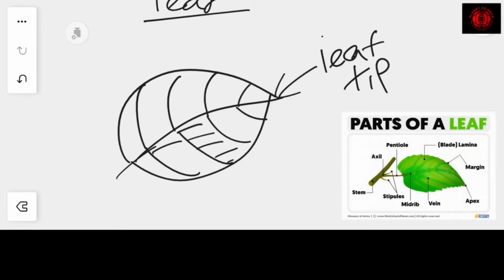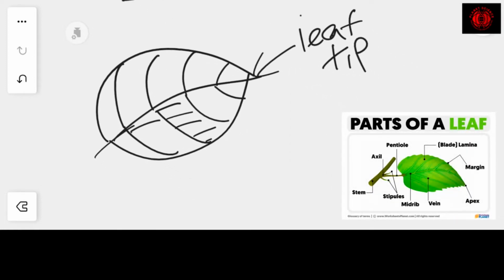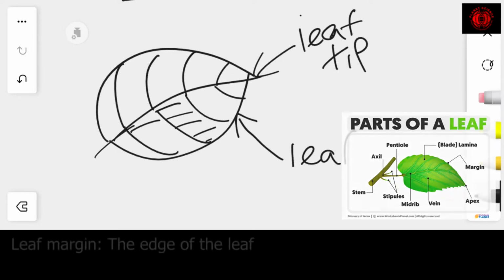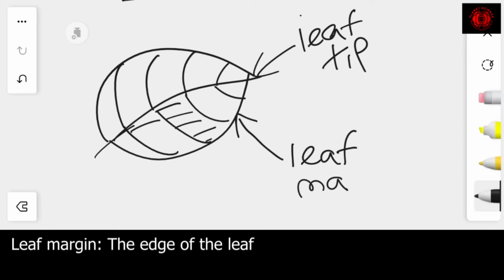And this leaf margin, we can name it as leaf margin, very simply.